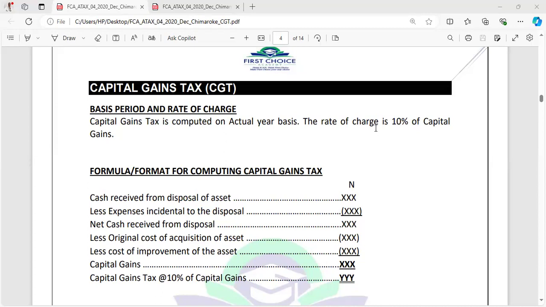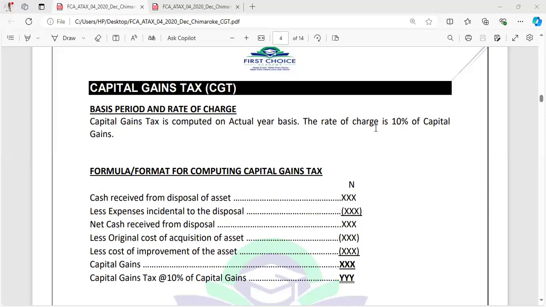Now, we are not talking about revaluation here. Let's say you bought an asset for 5 million and the asset's current price now is 8 million. You don't revalue the assets. You use the original cost of the assets. That is how you know if you make a gain or not.